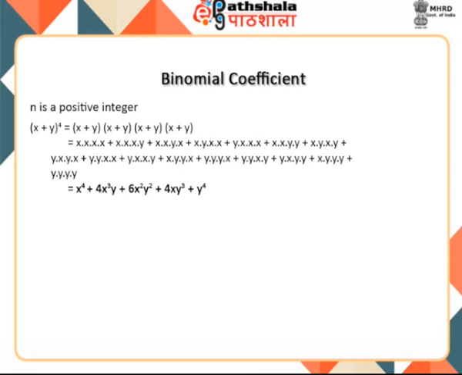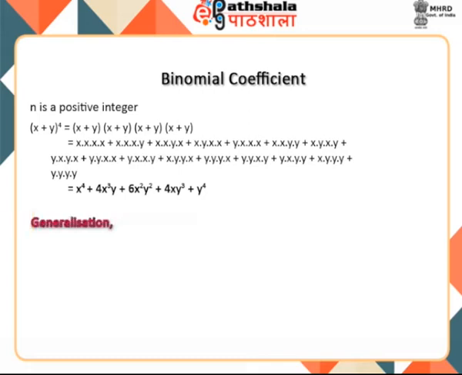In other words, there are 4 choose 2 number of ways in which we can choose the two factors providing the y. Similarly, the coefficient of x y cubed is 4 choose 3, which is equal to 4 ways in which we can choose three factors providing the y.